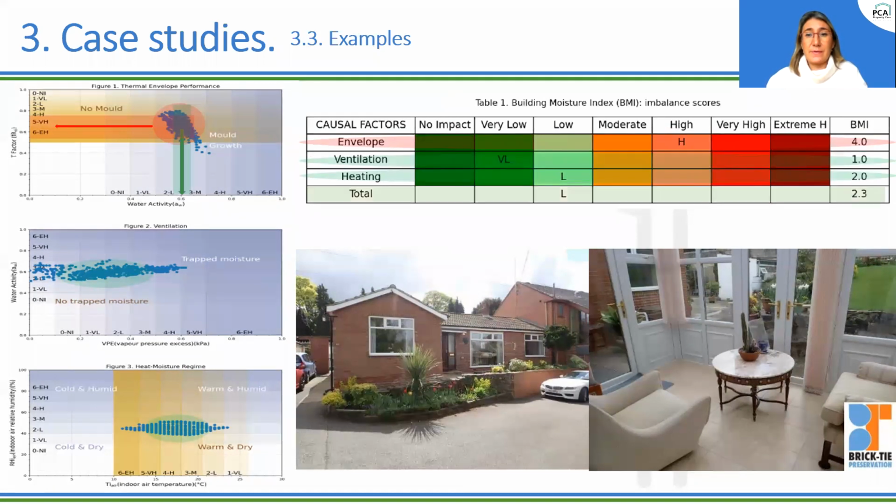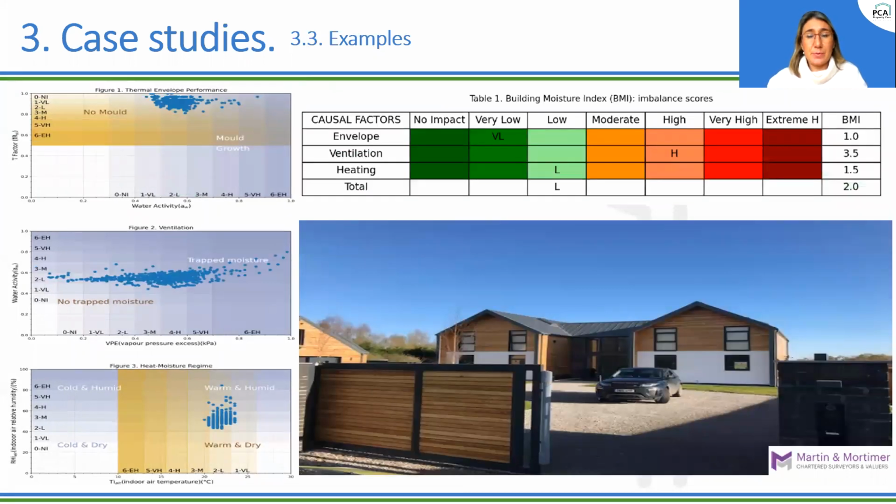So as a whole, we have a low moisture imbalance of 2.3 in this property. In this other example, the ventilation is a problem, so with high scores of moisture imbalance. However, the envelope and the heating are correct, so we have a very low and low respectively. So we have as a whole a low moisture imbalance of 2.0 in this property.